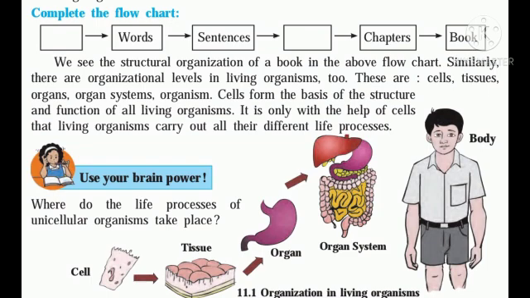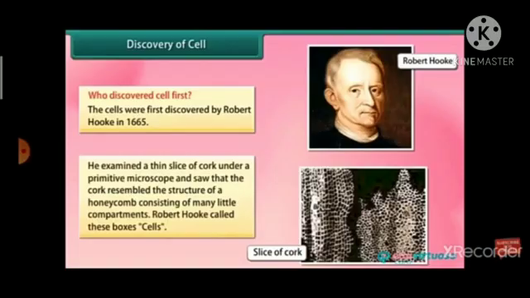Now first we will understand what is cell. Cell is the fundamental structural and functional unit of living organisms. Cellular organization is the primary characteristic of all living organisms. Now we will see who discovered the cell first.